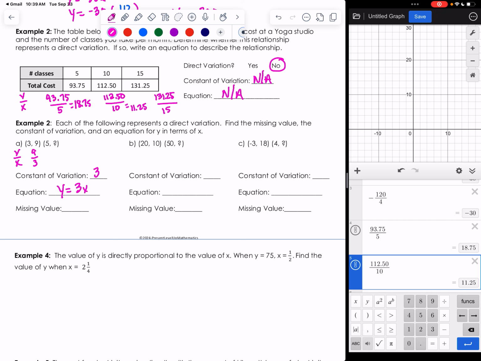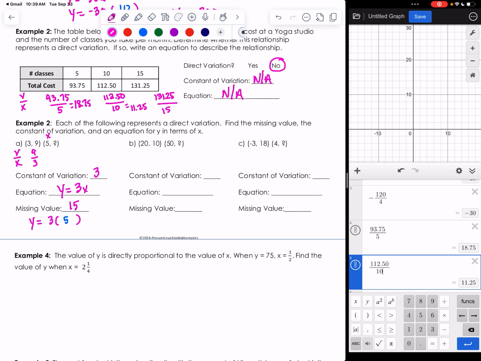So if I want to find my missing value, 5 is my x value. I could just substitute in a 5 here, and 3 times 5 would give me 15. So our missing value is 15. All right. In our next problem, we have ordered pair 20, 10, 50, something.